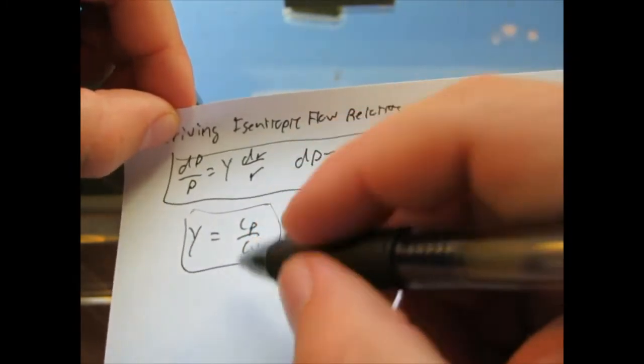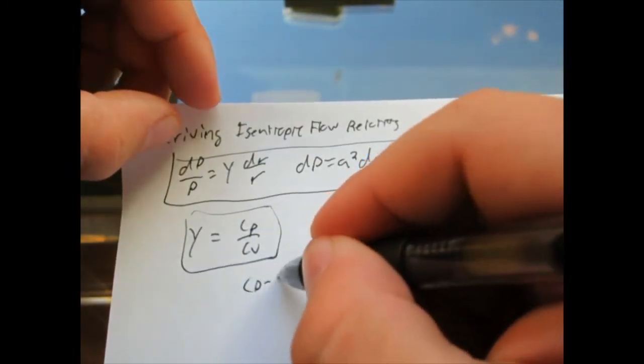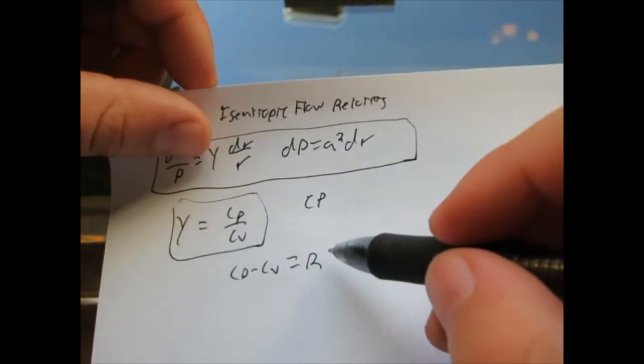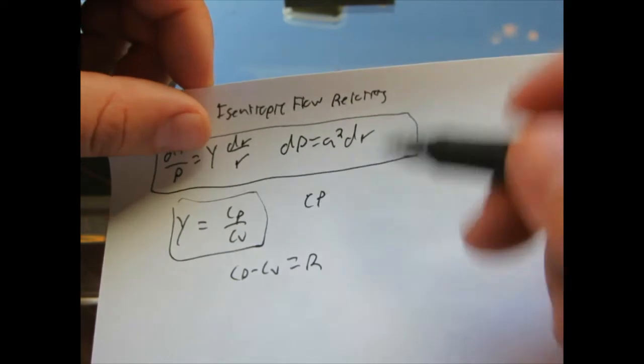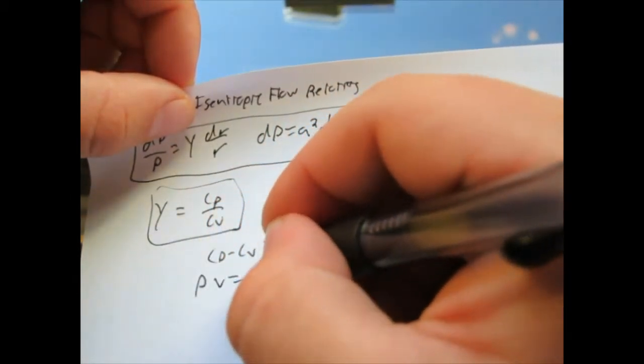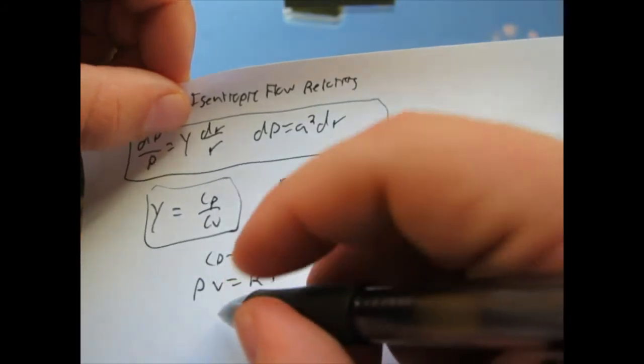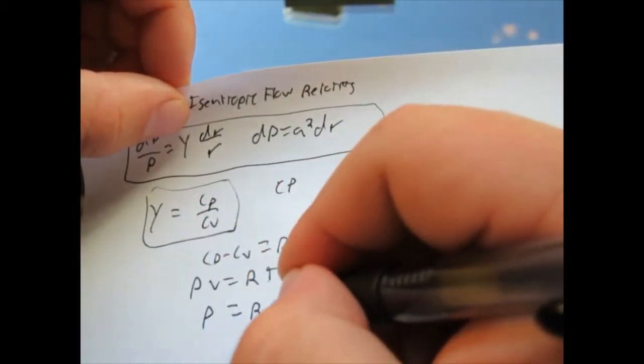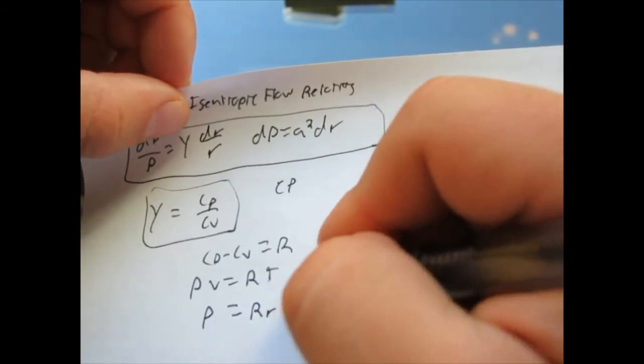And then we also can use the relationship that Cp minus Cv equals R, which is the gas constant from the equation of state, PV equals RT, and we can also write this as pressure equals R times rho, or density, times T.